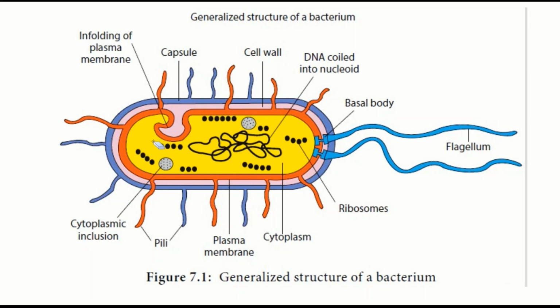This yellow part is cytoplasm, which contains ribosomes, DNA, and it is composed of 70% water. These are ribosomes. These black circles are the ribosomes, which are the protein synthesis sites. These are 70S protein synthesis centers for the cell. This is the DNA structure, which is circular and haploid, as you can see.